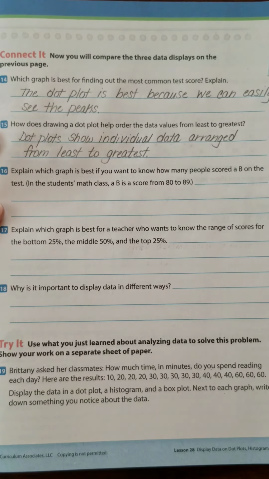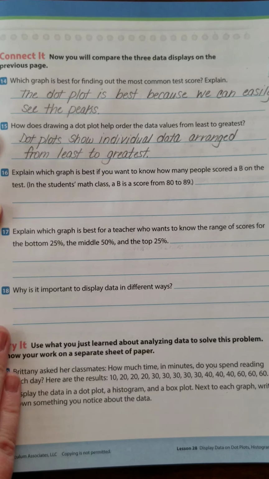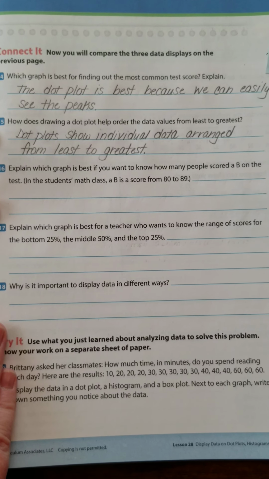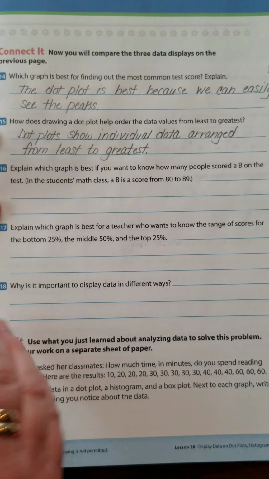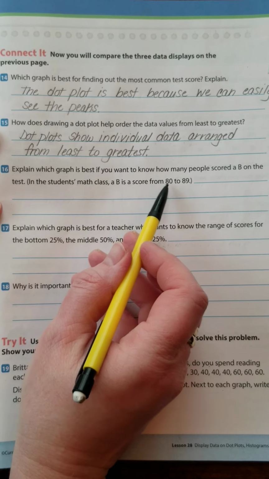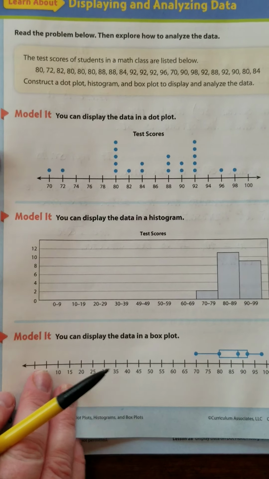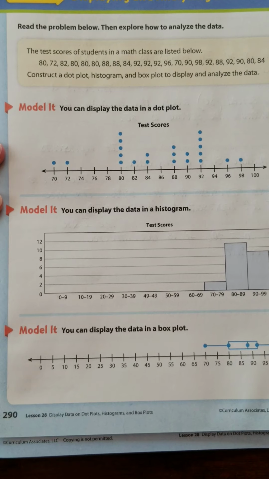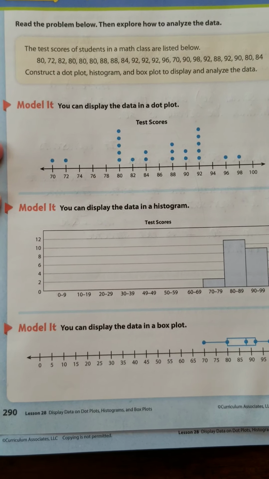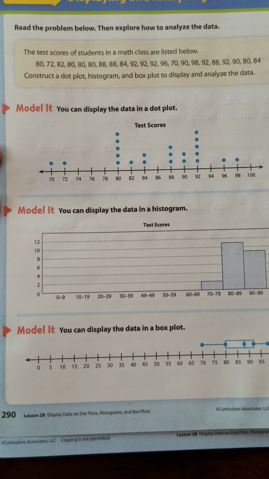All right, moving on to question number 16. Explain which graph is best if you want to know how many people scored a B on the test. And then it puts in parentheses, in the student's math class, a B is a score from 80 to 89. So just like in our class, if you get an 80 to 89, you're going to have a B. So which one of these can we look at will instantly show us where the kids who have B's?